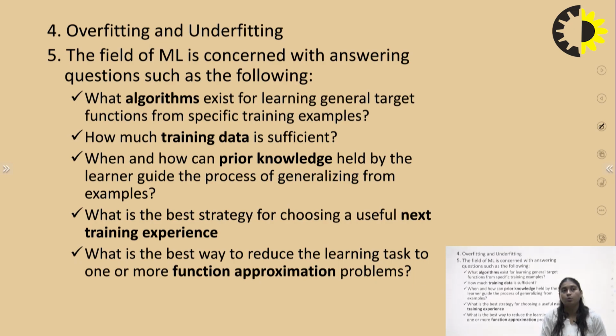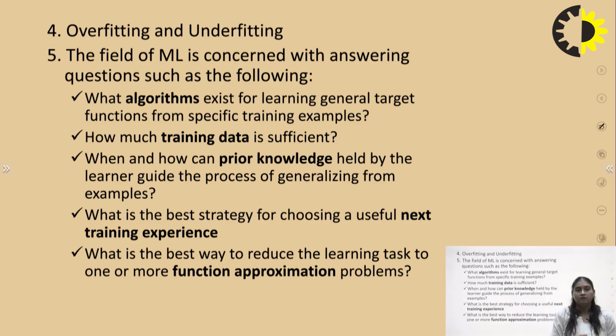Now, underfitting refers to a condition where it gives you worse or inaccurate results on both the known and the unknown data. The known data is the data which you have used for training purposes. So if it gives inaccurate results for both known and unknown data, then it is an underfitting condition.